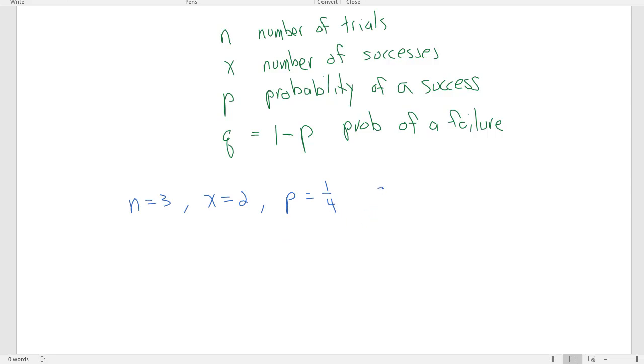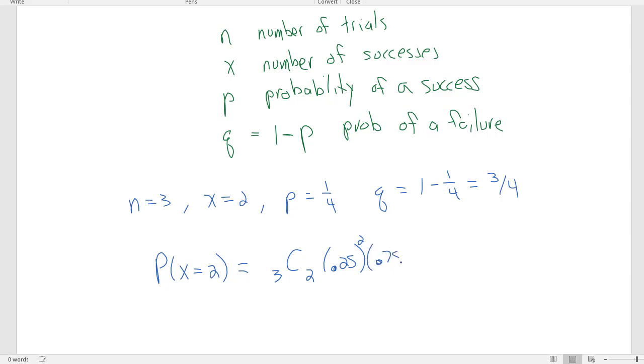And then the probability of failure would be the 3 out of the 4. So if we plugged into our formula, the probability that X equaled 2 successes, we had the 3 trials, choosing 2 to be successful. We had our probability of success, and we had 2 of those, and then we had the probability of the failures, and we would have 1 of those.